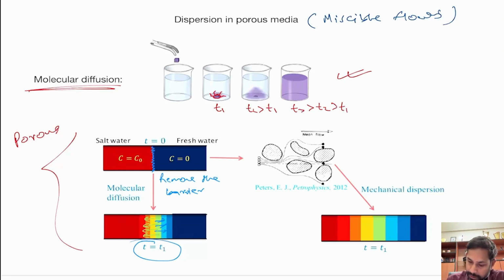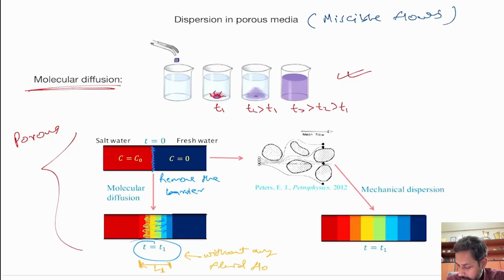This mixing zone has a certain thickness, let's call it L1. That is the diffuse zone after time t1. This is without any fluid flow.